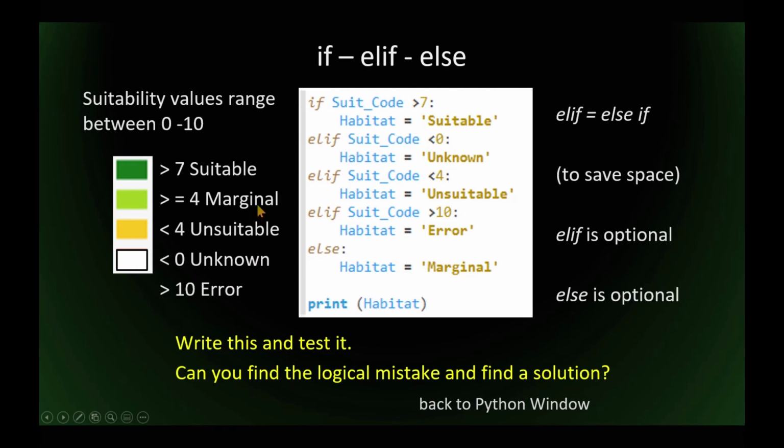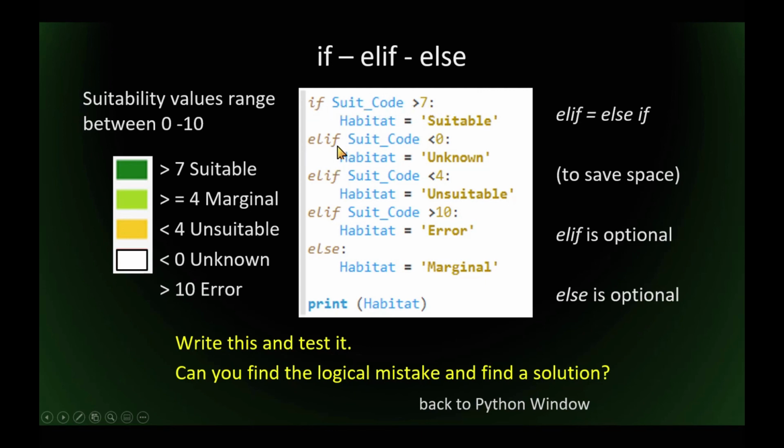So what we can do is go into the Python window and say suit_code equals, and let's simply say 3 for argument's sake. And then we can copy this one over here and test how the results are. Let's look at this code here. So I'm declaring something, and then here's a new command.